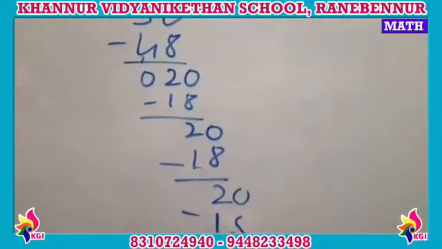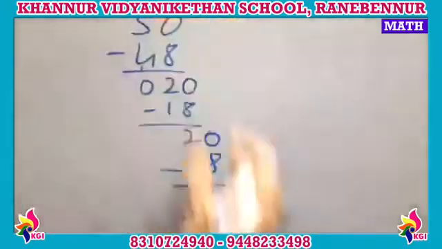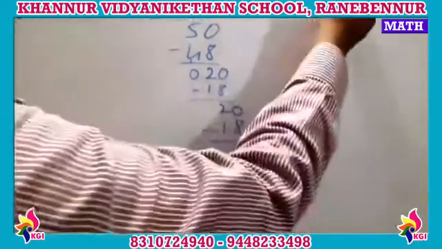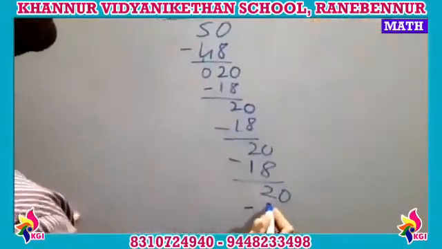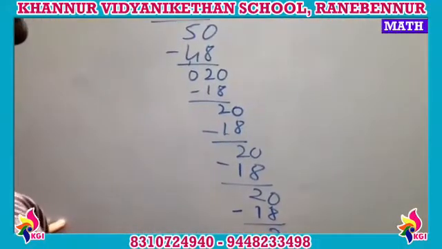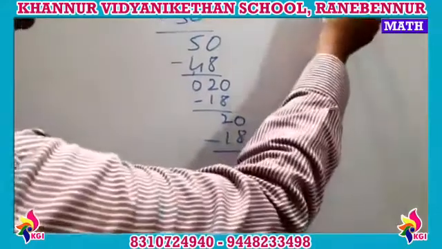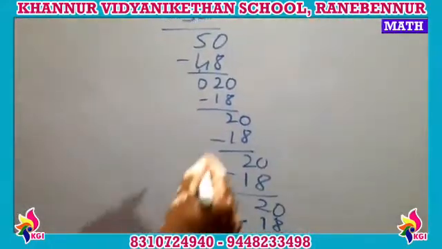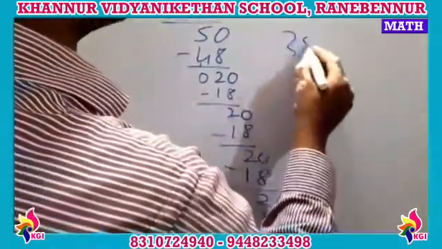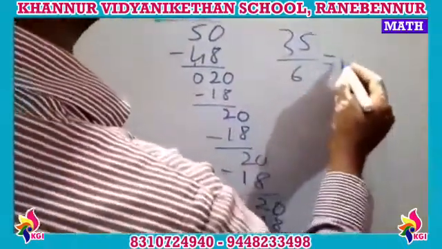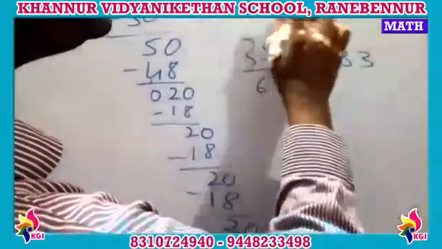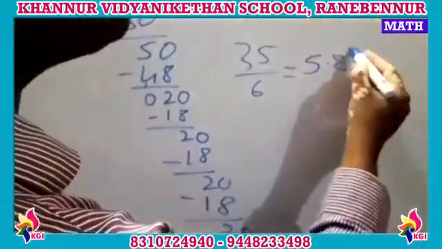If you go on doing it, there is no end, right? If I do it here, again 6 3s are 18, again I get 2 only. So what is happening here? 3 is continuously repeating. So we can write 35 divided by 6 is equal to 5.83333333, and I will show it with a bar.